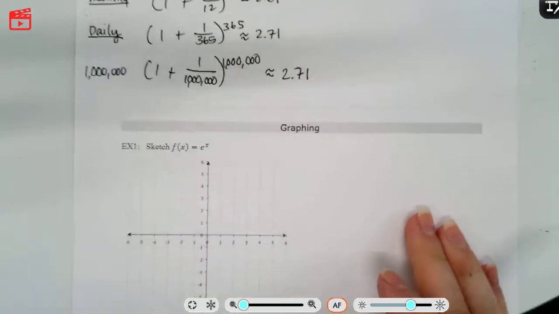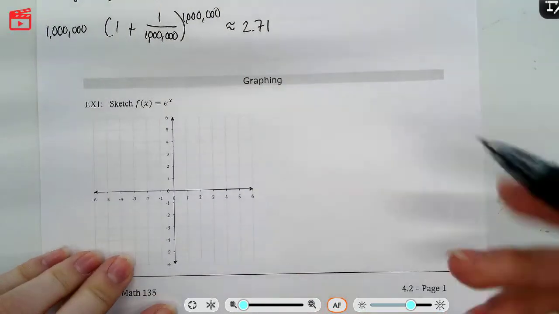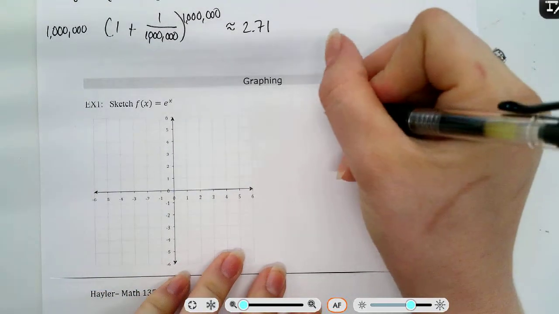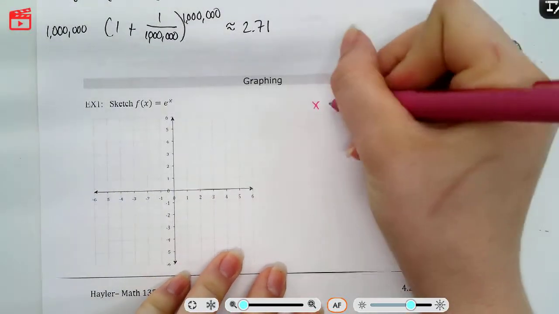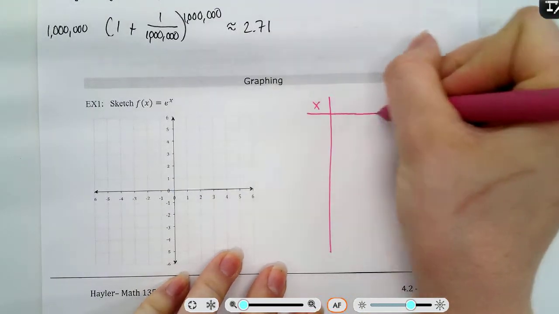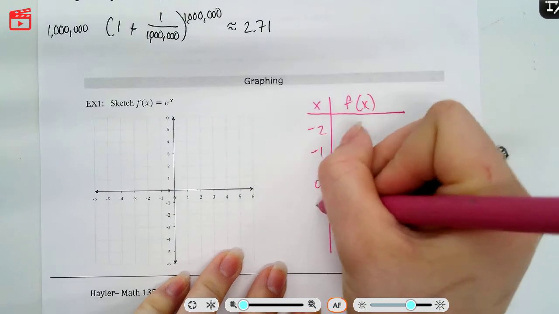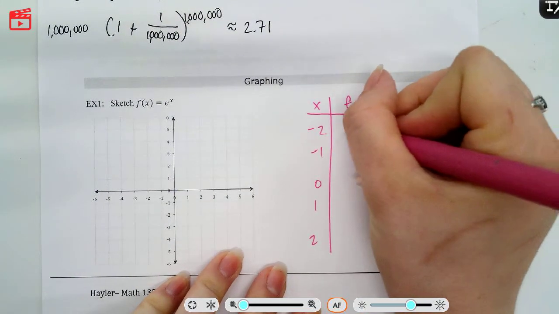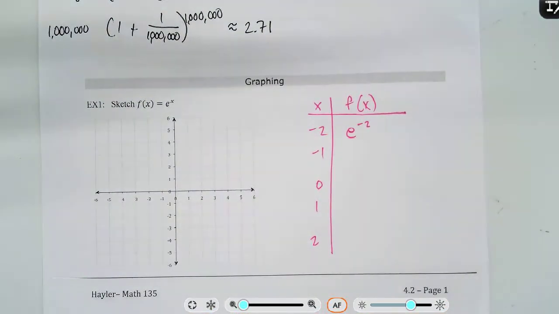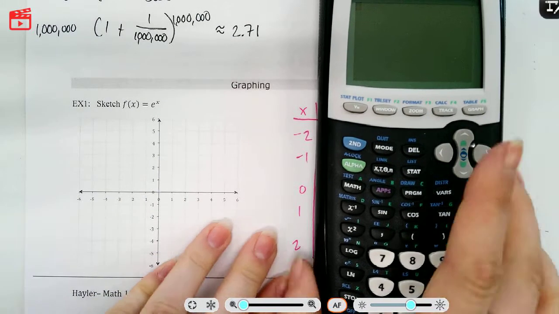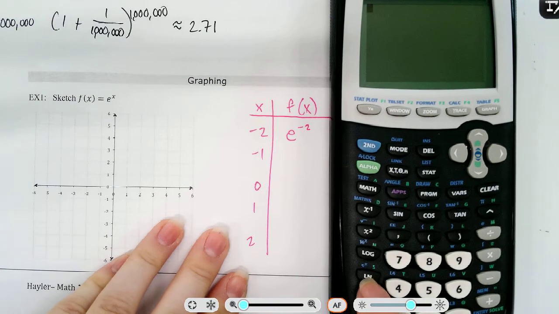All right, so we're going to sketch what e to the x looks like. I'm going to give you some values to sketch with. Plug them into your calculator and check in with me. I'll do the first one with you, in case you need to find e. Let's remember how to find e on your calculator. e is where the natural log button is.